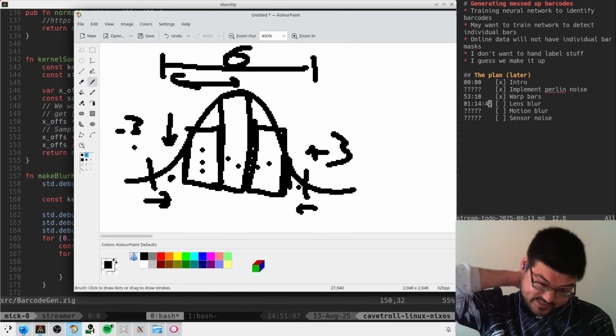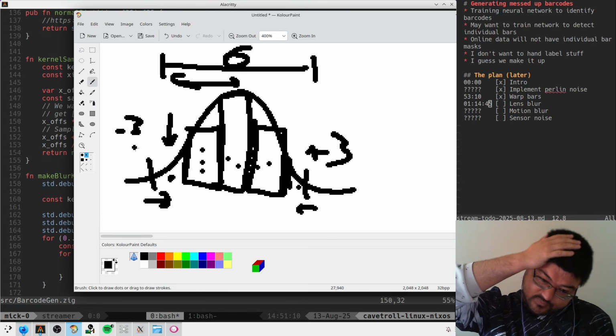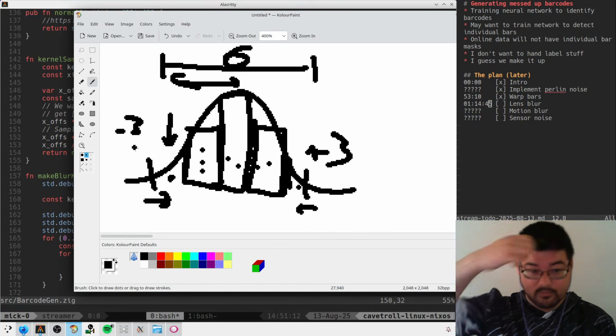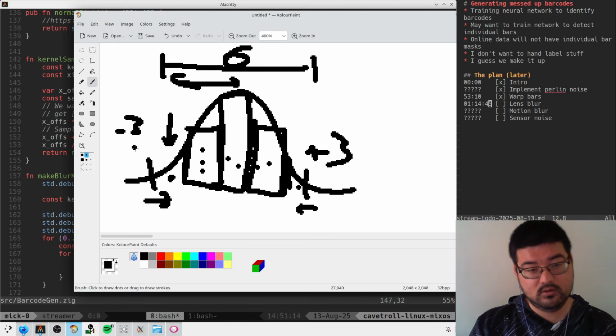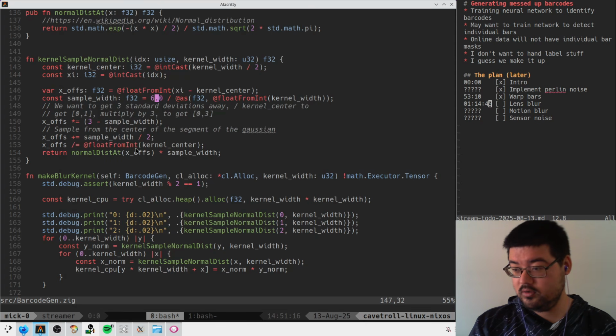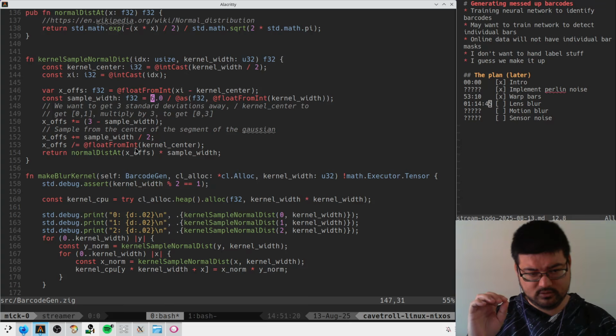So what am I missing here? We are moving, so our sample width 6 over the kernel width.